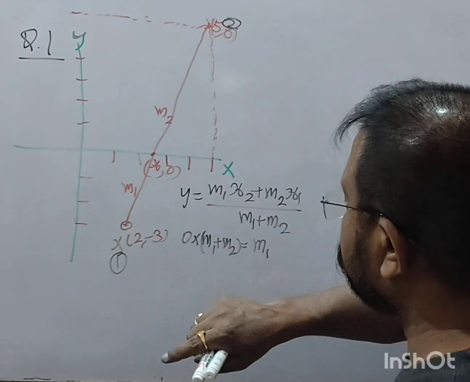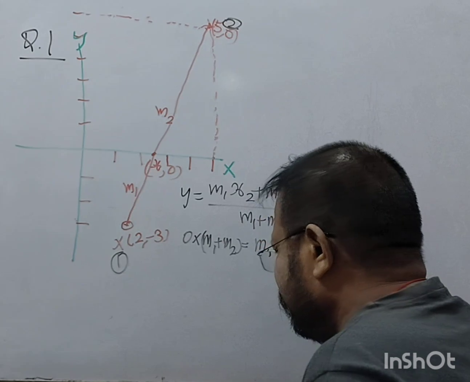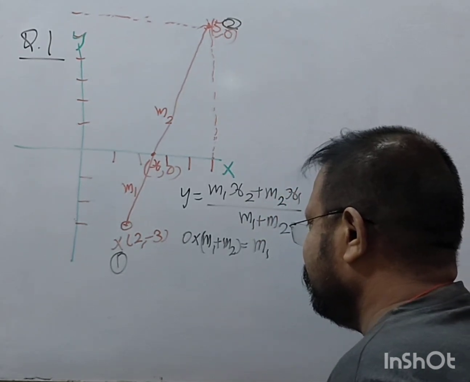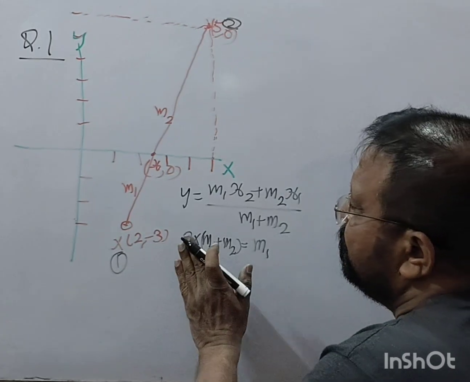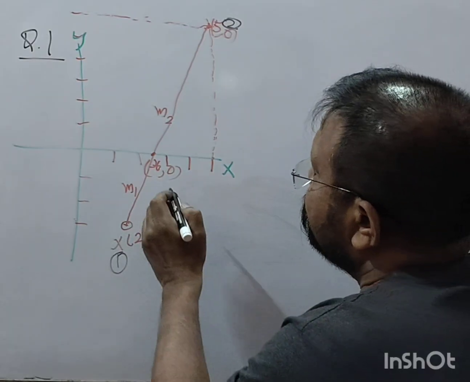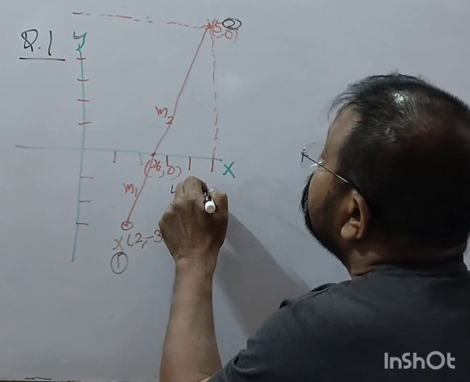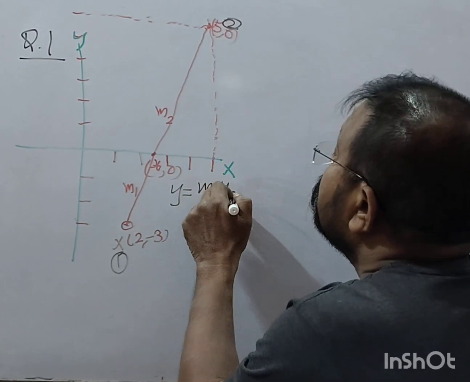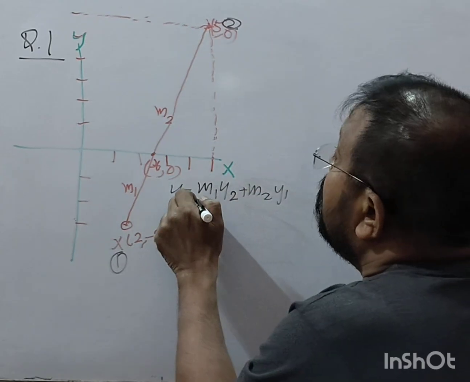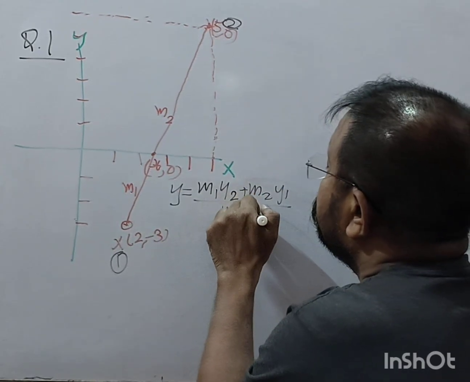Oh sorry, y is equal to m1 y2 plus m2 y1 upon m1 plus m2.